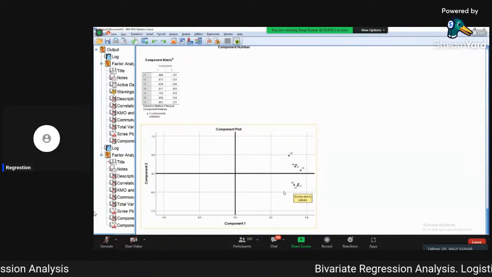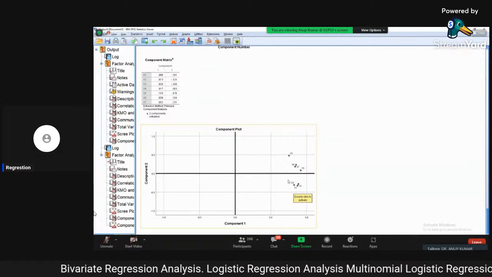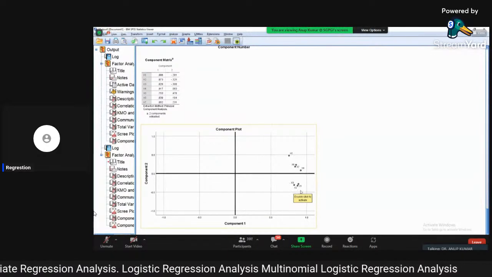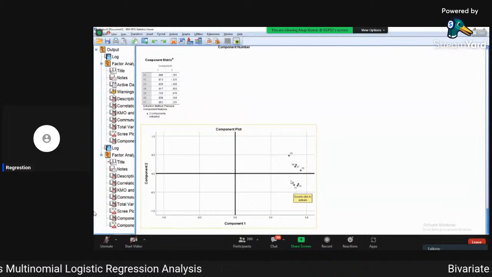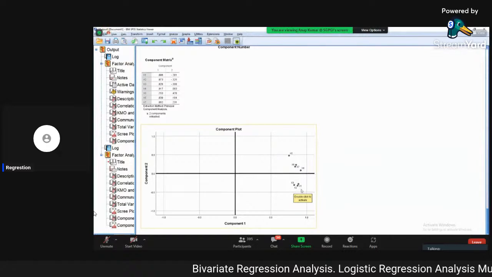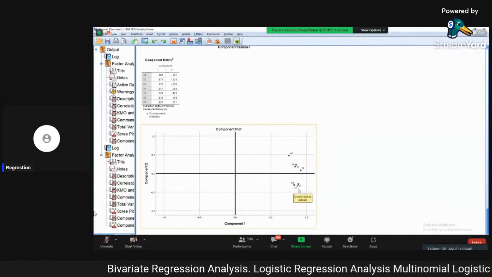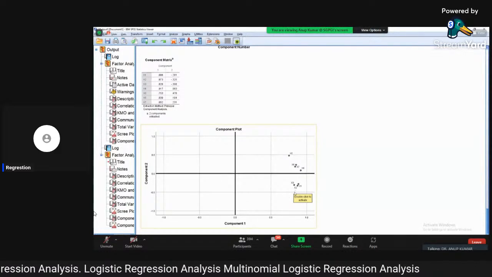So if you remember, x1, x2, x3 are very fast sprinting events. That means x1 is 100 meter, x2 is 200 meter, and x3 is 400 meter. So these 3 are very fast running skills. The players who are very fast runners get marks like this.